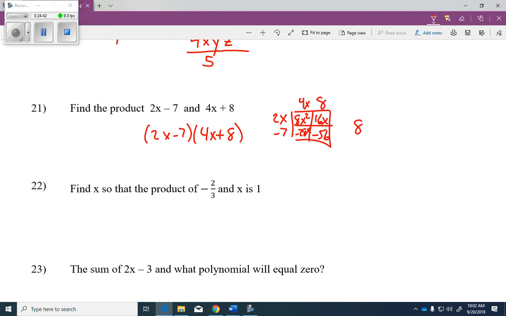And I have 8x squared. I can combine these to be minus 14x minus 56.